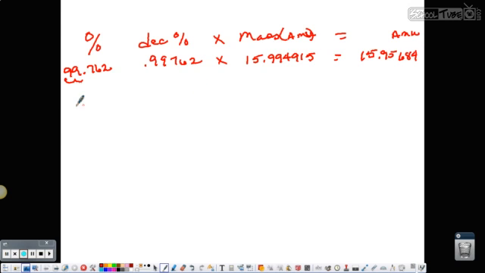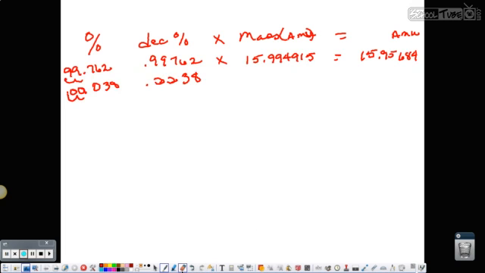Okay, then I go back and look at the second percentage, which is a little bitty percentage. It's 0.038. Divide by 100. When you divide by 100, move the decimal 2 places to the left, and I get 0.00038.